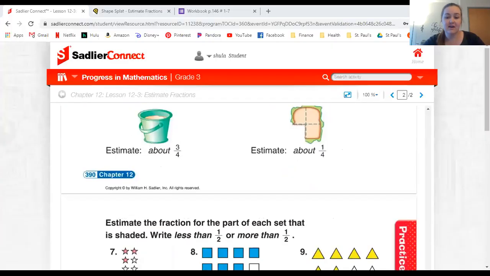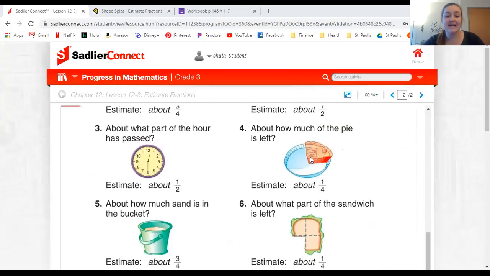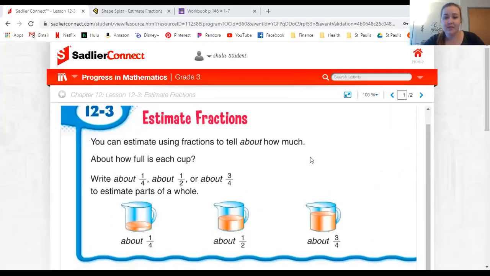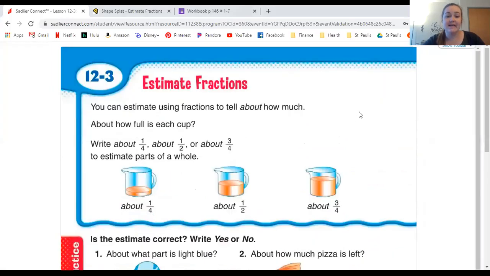I'm going to share my screen and show you your math book. If you want to go ahead and pull this up yourself, it is on pages 390 and 391. So if you look here, we estimate fractions. You can estimate using fractions to tell about how full each cup is, and that's what your homework is going to do today.